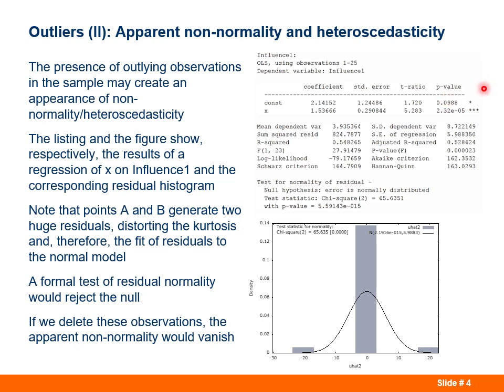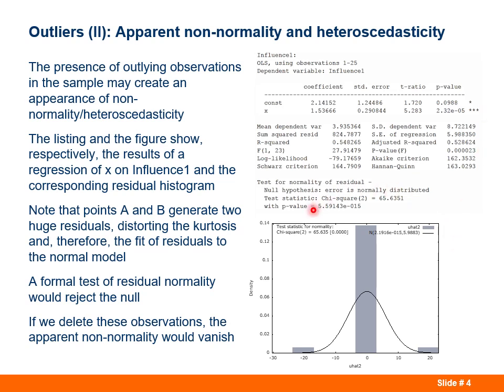So an outlier may affect the estimates for the parameters, in which case it is called influential, or may have no effect at all. However, in most cases, the outliers create an appearance of non-normality and heteroscedasticity.